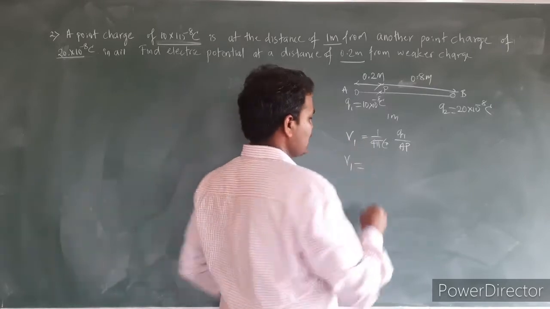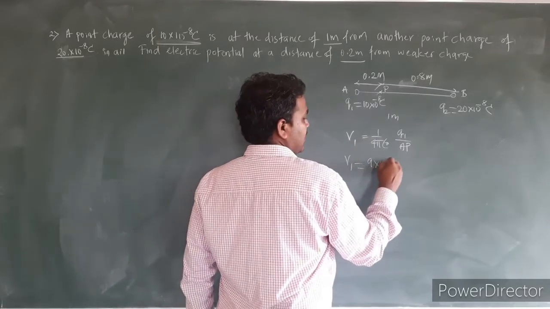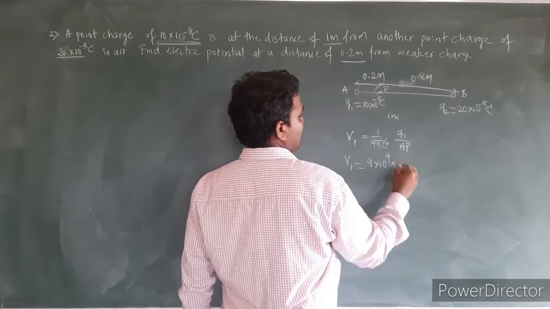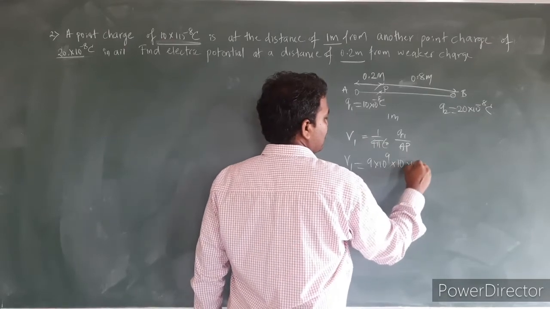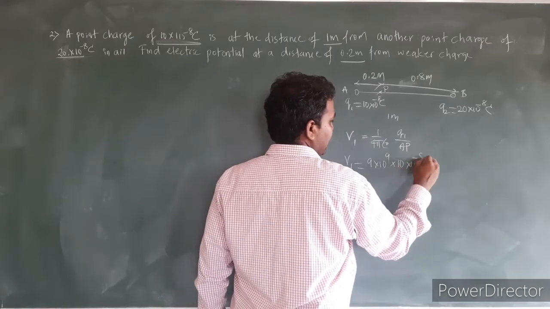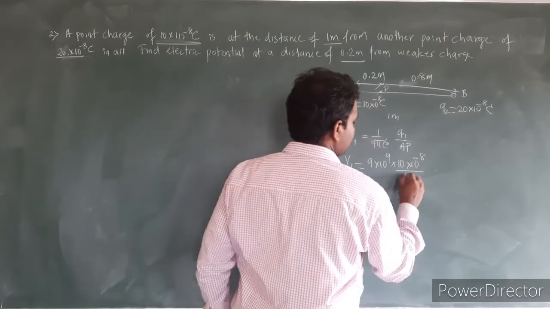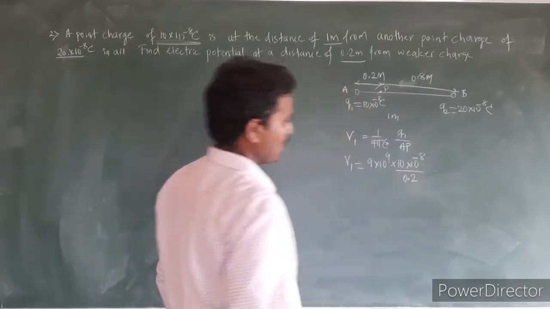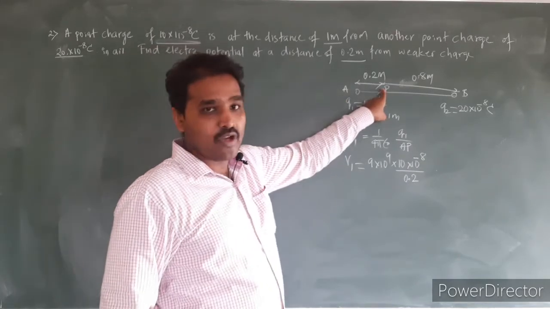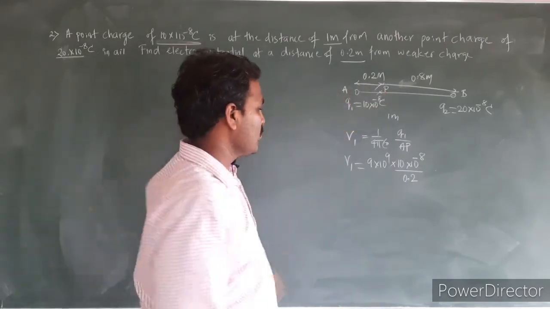Let me substitute the values. I will get 9 into 10 to the power of 9 into Q1, which is 10 into 10 to the power of minus 8, divided by the distance here, that is 0.2. This is the potential at point P because of source charge Q1.